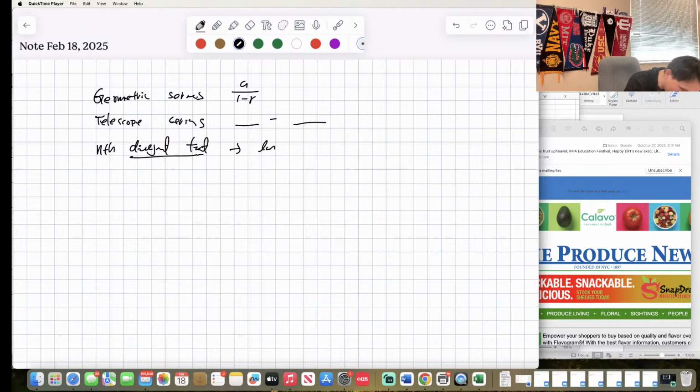Basically, if the limit as n approaches infinity of a_n is equal to a number c, so not equal to 0, then it diverges, right? If it's equal to 0, it doesn't mean it diverges, but that's that.